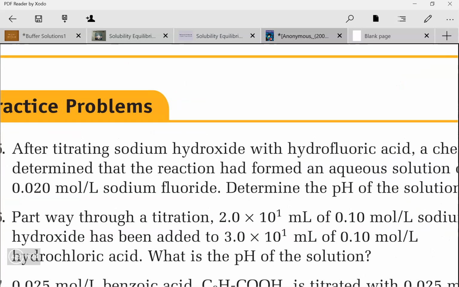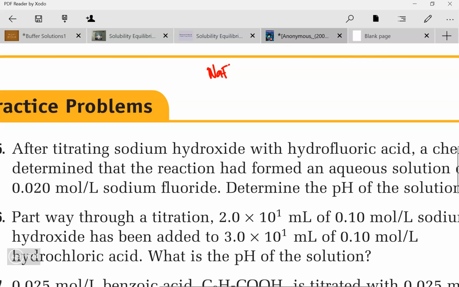If we have 0.02 moles per liter sodium fluoride, 0.02 molar, we can break this apart into the sodium ions, which are not going to react with water, right? Because if they did react with water, you would form its conjugate base, NaOH, which cannot be part of the products because the equilibrium lies all the way to the ion side. So we're going to cancel it out.